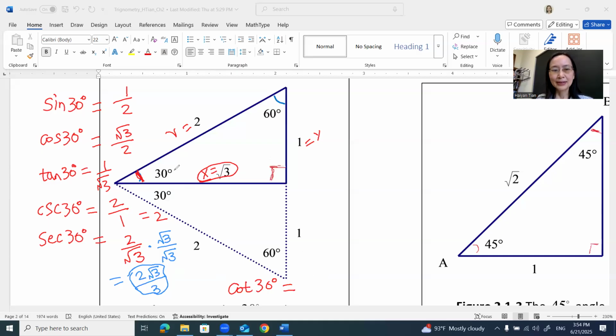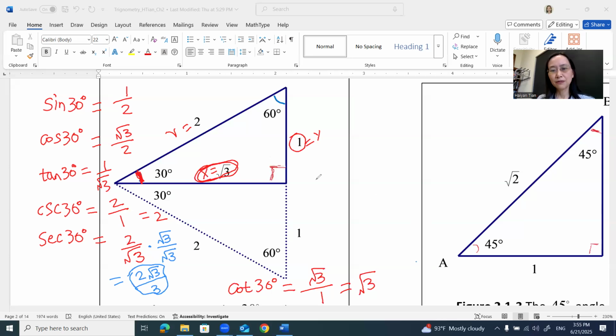Looking at the 30-degree angle again, x over y is the side adjacent to 30 over the side opposite the 30-degree angle, which is 1. So the cotangent of 30 degrees is equal to square root of 3. Now we have all 6 trigonometric function values at the 30-degree angle.